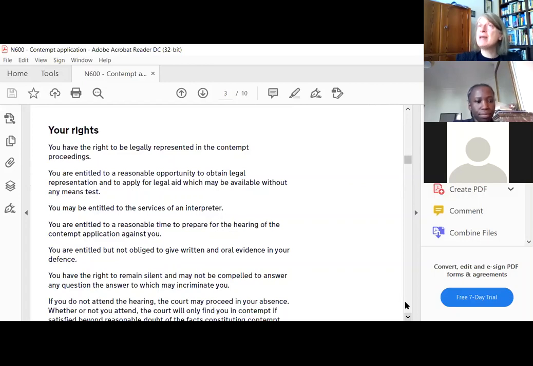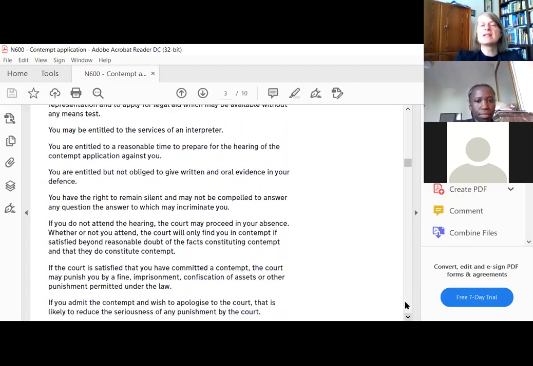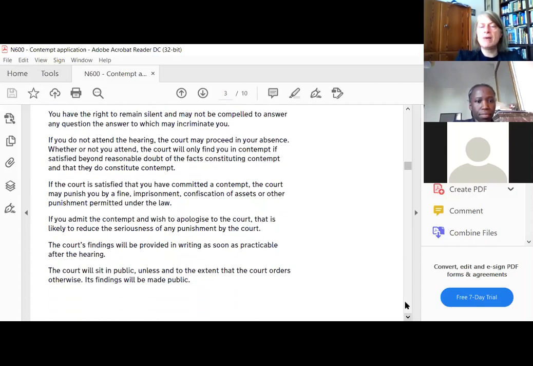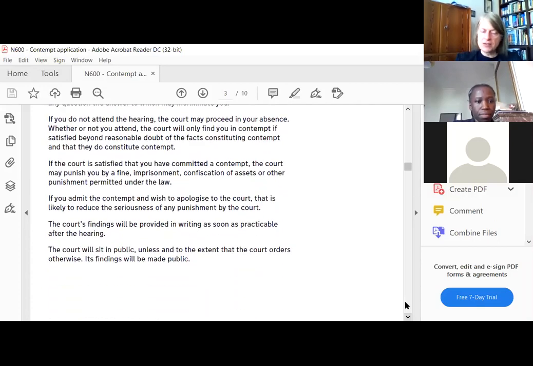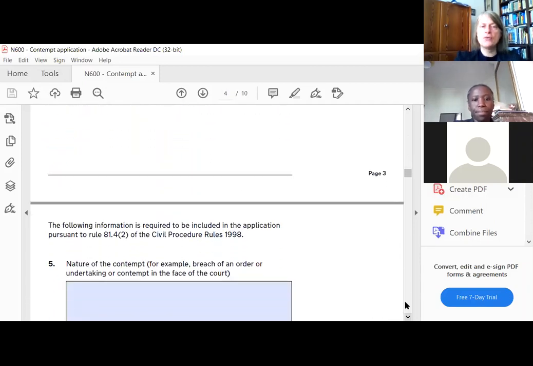And of course, in a way that makes it easier for you, so you don't actually have to set out these rights and entitlements, but I think that list is also a reminder of these rules, really trying to ensure that they are the appropriate safeguards for the defendant.